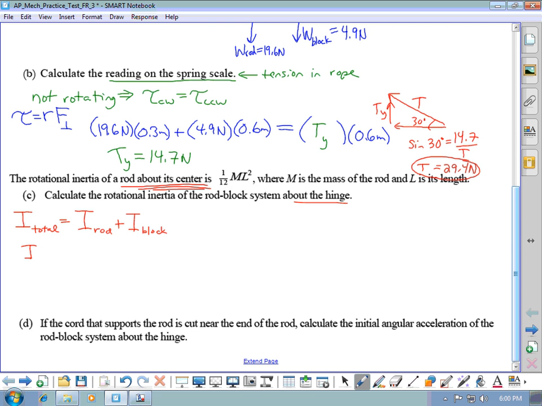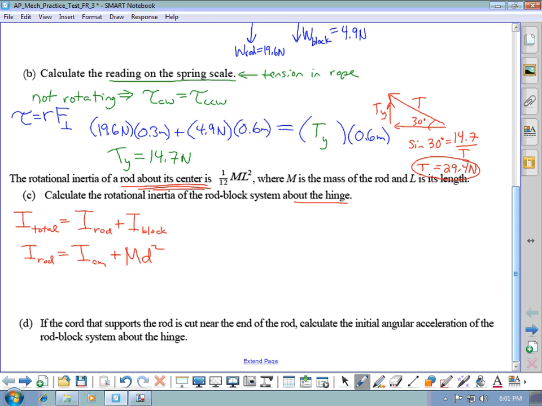The rotational inertia of the rod is going to equal the rotational inertia of the rod about its center of mass plus, the parallel axis theorem says that you add m times d squared, where m is the total mass of the rod and d is the distance from the center of mass of the rod to the axis that this is rotating around.